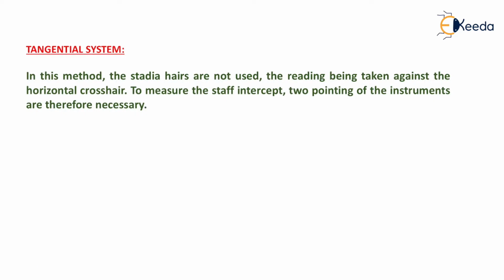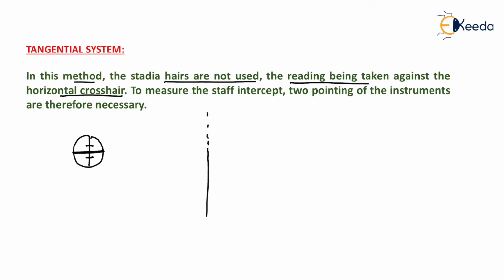Now the next method is the tangential system. In this method, the stadia hairs are not used, the reading being taken against the horizontal crosshair. It means that in the tangential system, we do not use the upper stadia and lower stadia, and readings are taken only along the horizontal crosshair. For the calculation of the staff intercept, we need two pointings of the instrument.